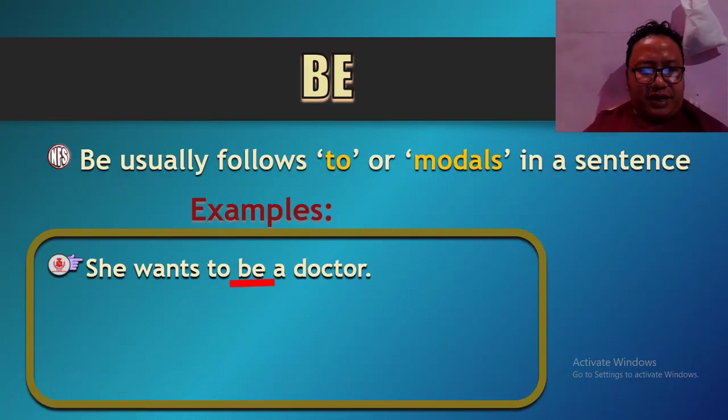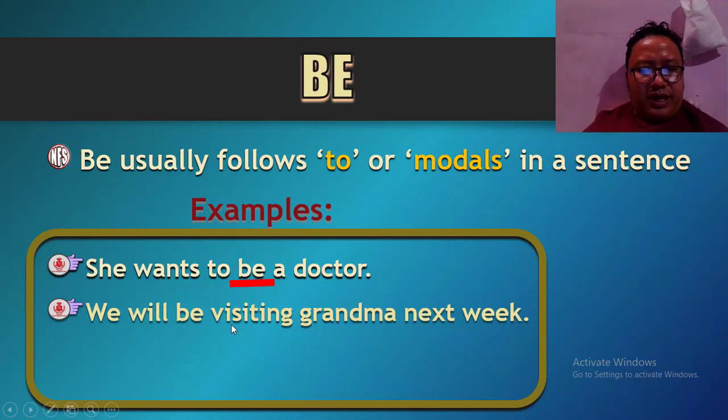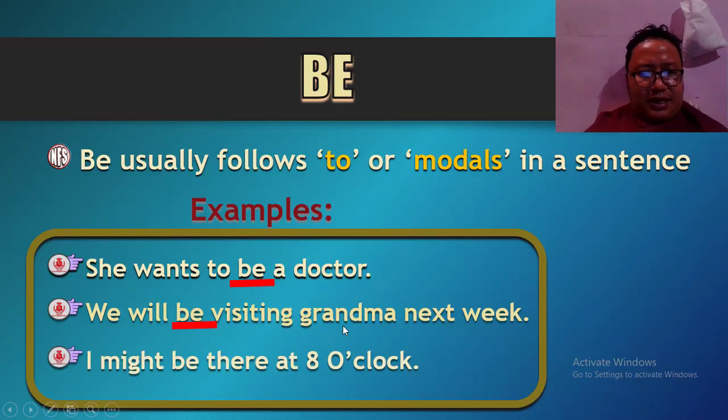Here we have be, so this is the be verb. And we will be visiting grandma next week. Here we have be again, the be verb. And I might be there at 8 o'clock. Here we still have be again. So these are the be verbs that we use in a sentence.